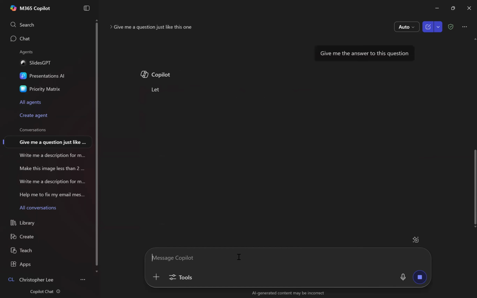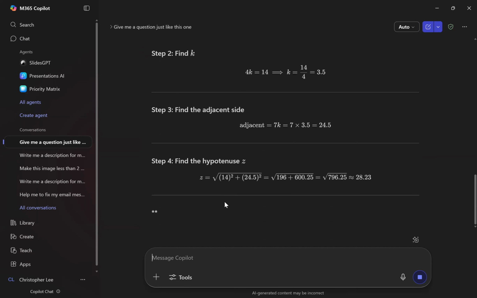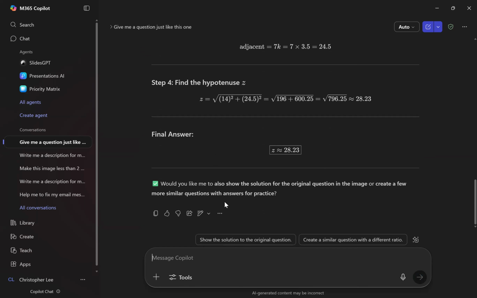When it spits back out the answer, I can check and verify that I got the right answer. If I didn't get the right answer, I say, give me another question just like it, and try it again. Just keep going until you get it right. You can also say, show me step by step how to work this problem, and it'll do that for you as well.